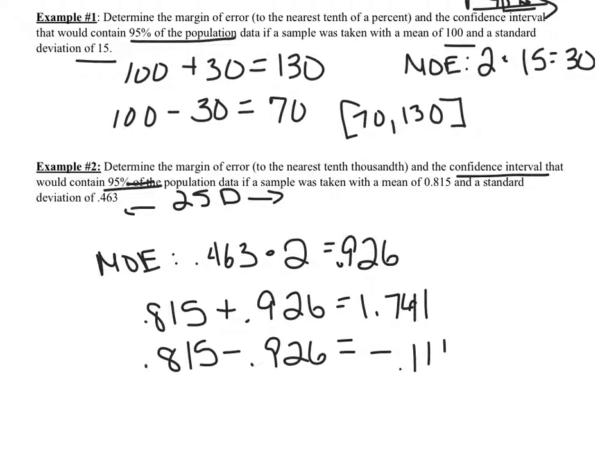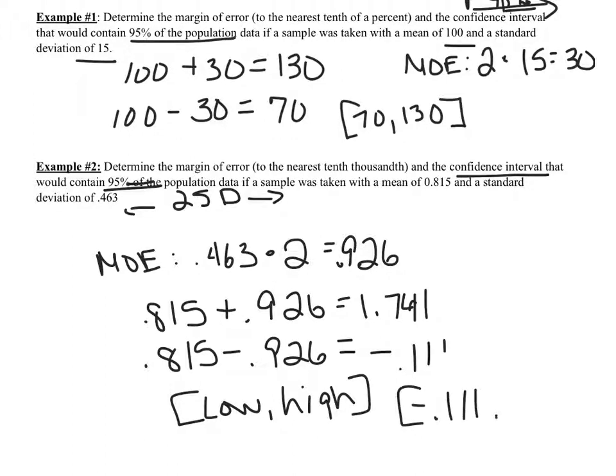Okay, and that will give me the interval. So it's always low to high. All right, so the lowest number goes here, negative 0.111, and the higher number goes here, 1.741. Okay, and this is my confidence interval.